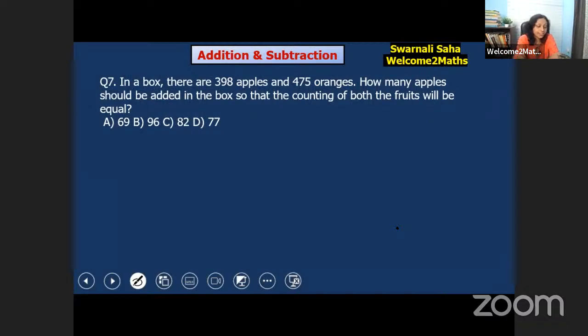In a box, there are 398 apples and 475 oranges. How many apples should be added in the box so that the counting of both the fruits will be equal? That you have to find out. Okay?